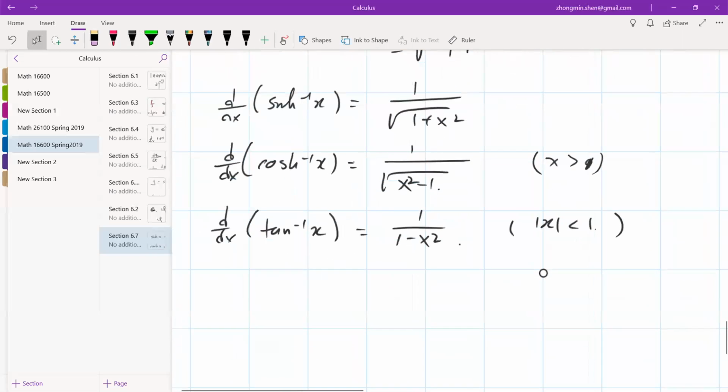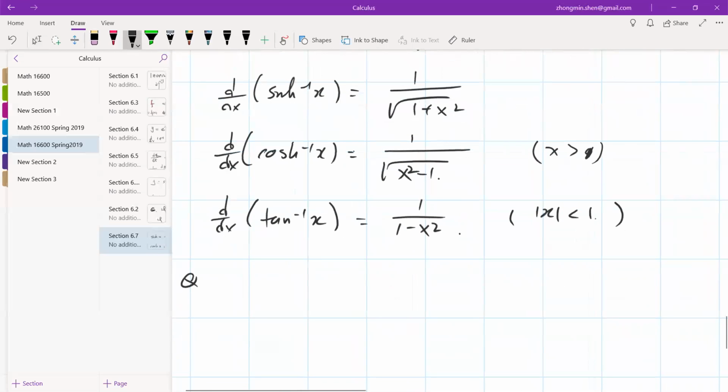And so let's see. How do we evaluate the integral of this? Suppose you forget all the formulas, and this is what you're given here.